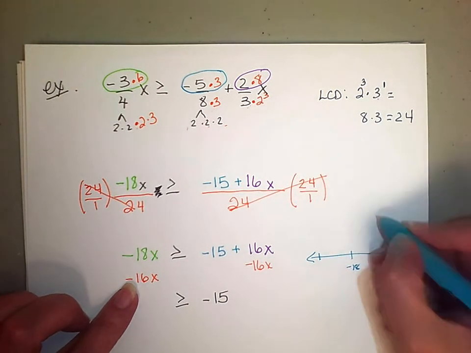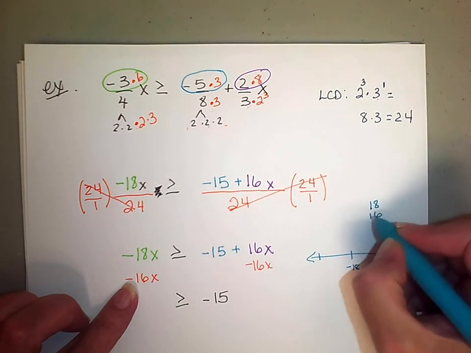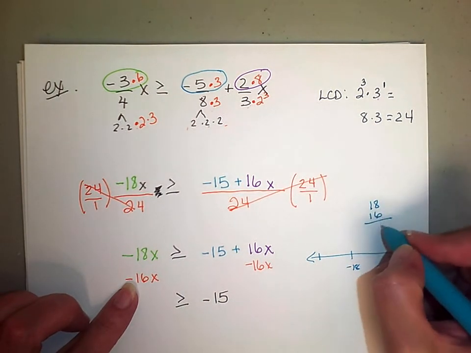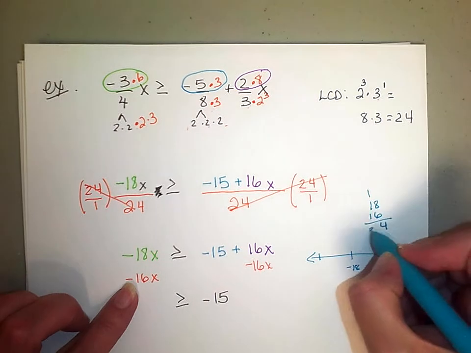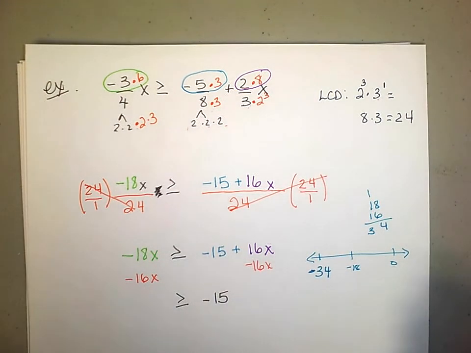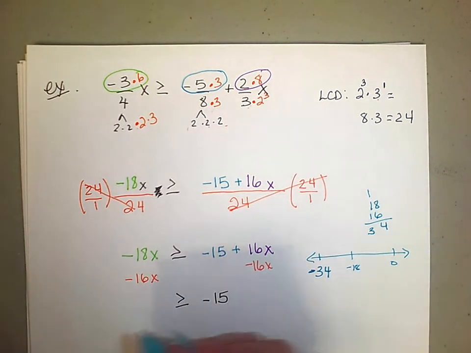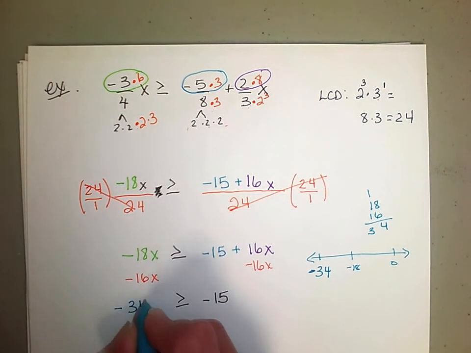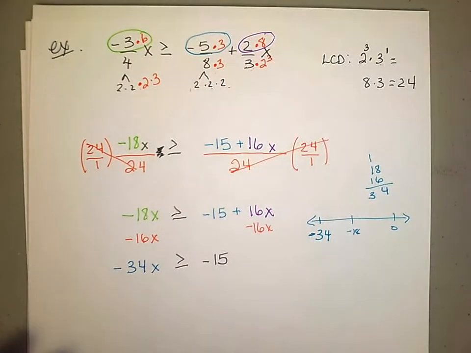So 18 plus an additional 16 units, 12, 14, carry the 1 is 34. In total, I'm negative 34 units. So negative 34x must be greater than or equal to negative 15.